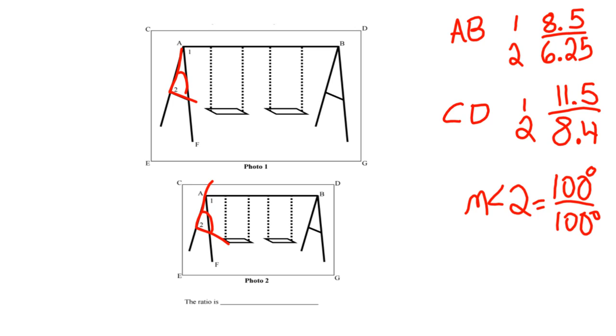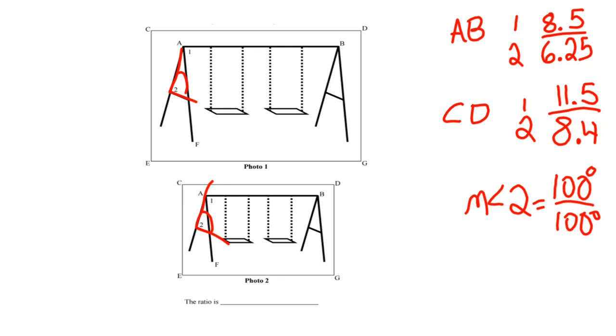So what we can see right off the bat, if we're creating a ratio, is that our angles are going to be congruent. Those angles are going to be the same. Now, the lines themselves, we can see they're not going to be the same, but we can come up with some sort of ratio.